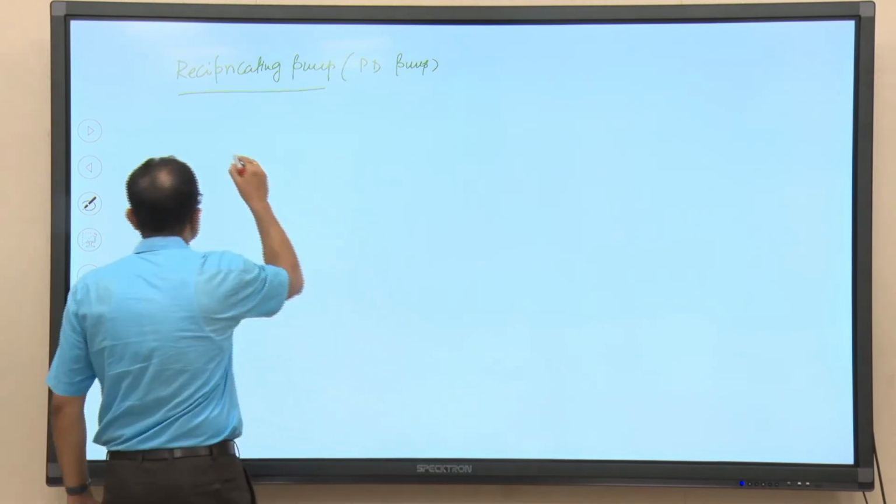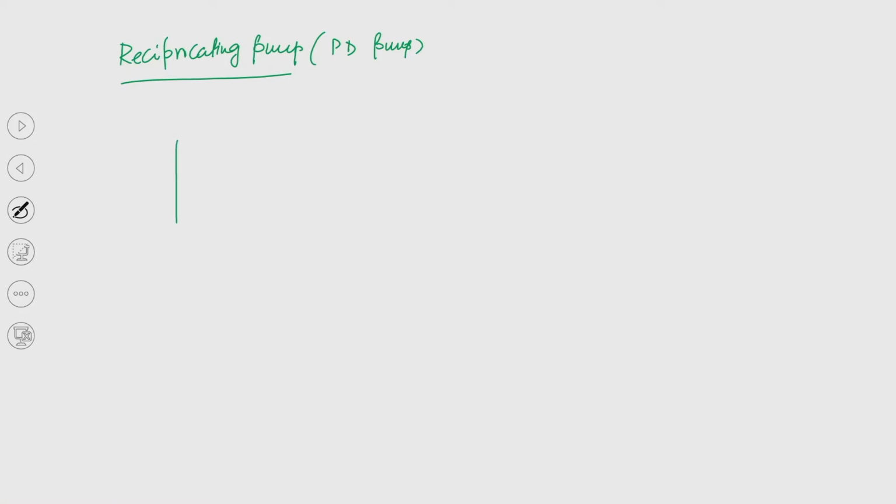Just now if we try to conceptualize, say this is a piston cylinder, and if we try to draw one piston, so this is the piston, and this piston will have to and fro motion.